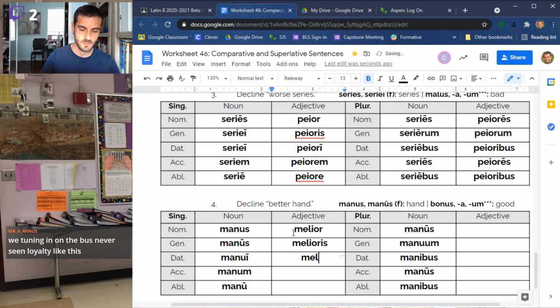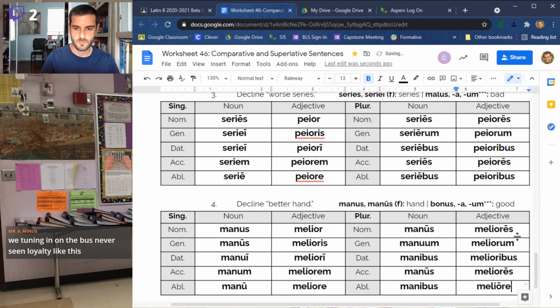Melioris, meliori, meliorem, and meliore. Migliore in Italiano. And we have meliores, meliorum, melioribus, meliores, and melioribus. Is it mejor? I think it's mejor. It's the Spanish.